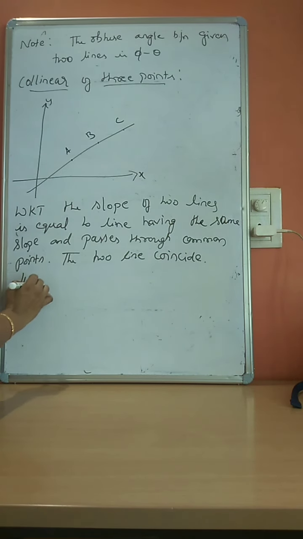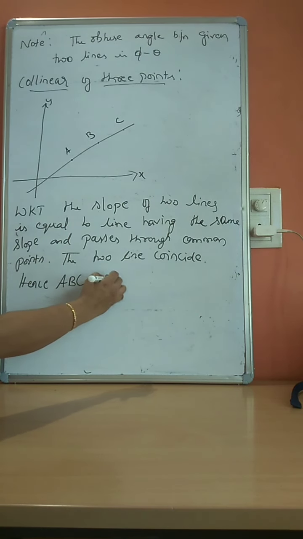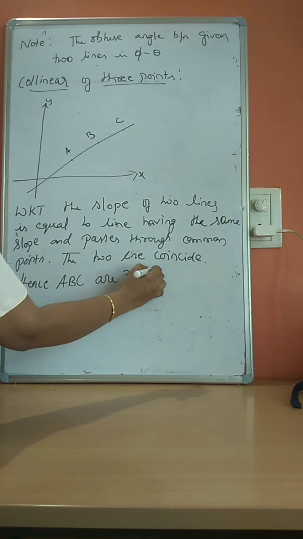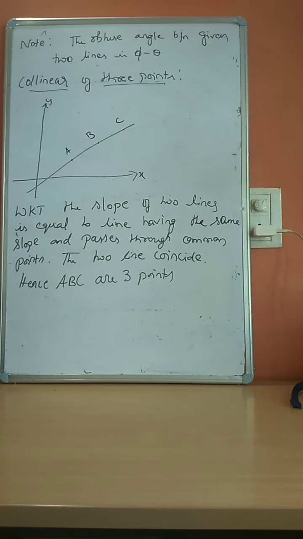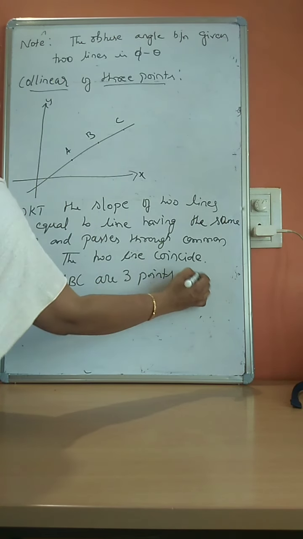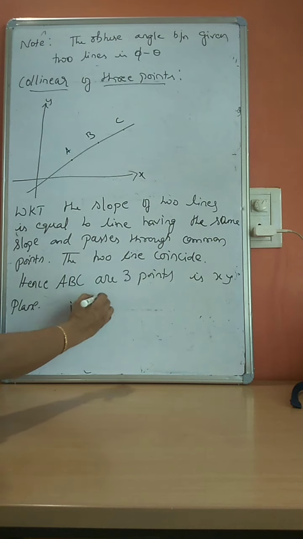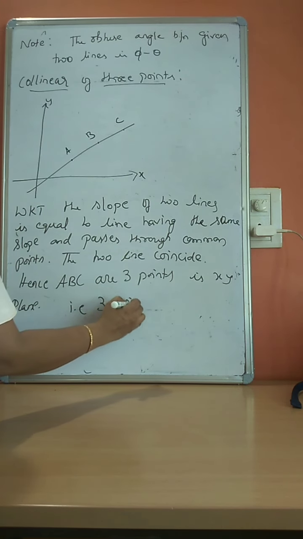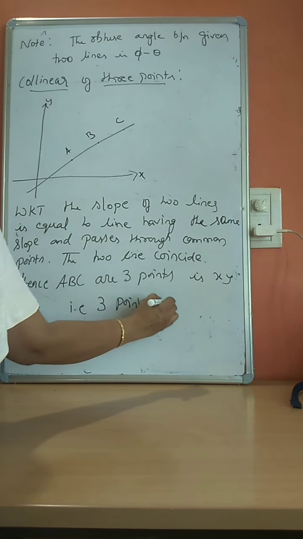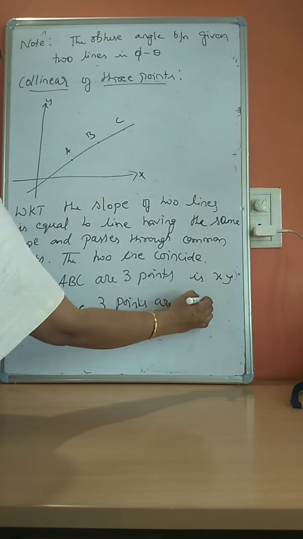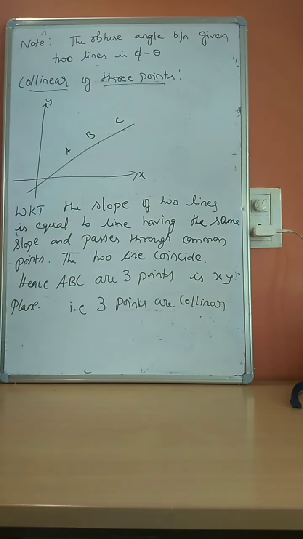Hence A, B, C are 3 points. Hence ABC are 3 points in XY plane. That is 3 points are collinear. ಯಾವಾಗ?